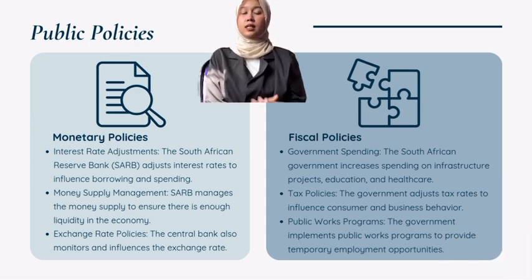Let's move to the second one, which is fiscal policies. So the first point is about government spending, which means the South African government increases spending on infrastructure projects, education, and healthcare. And let's move to tax policies, which means the government adjusts tax rates to influence consumer and business behavior.